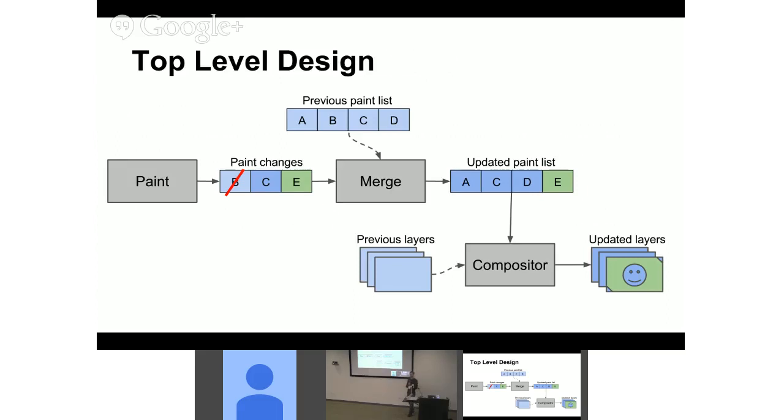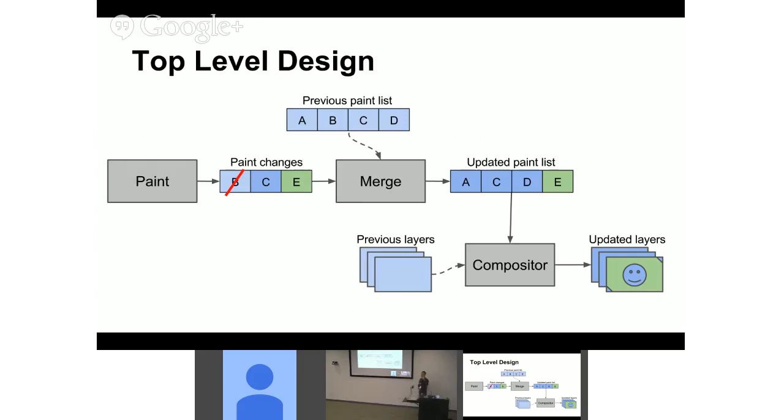We'll have a merging algorithm which takes the old one and the new one and puts them together to generate the current complete list. That goes into the compositor, which will take the old list, the new list, and the previous layers, figure out which layers have changed and which ones haven't, and only re-rasterize the layers that have changed, and then again off to the compositor with a new set of layers.